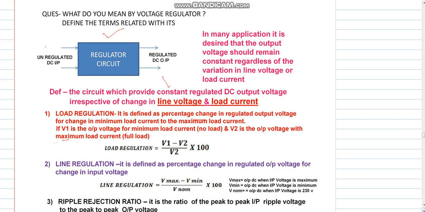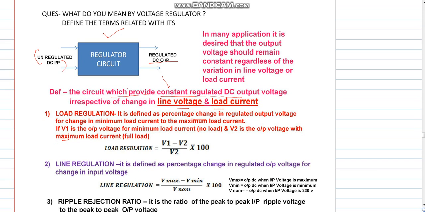The regulator circuit has an input, the unregulated DC, which is the output of the filter circuit, and it provides a regulated constant DC output. So the definition of a regulator circuit: the circuit which provides a constant regulated DC output voltage irrespective of change in line voltage and change in load current.